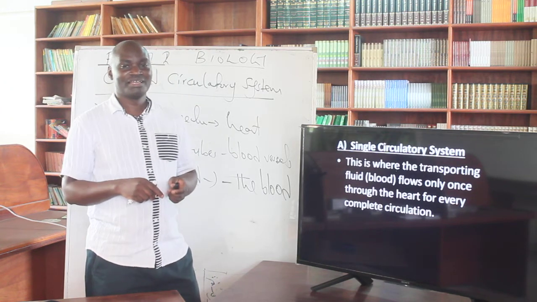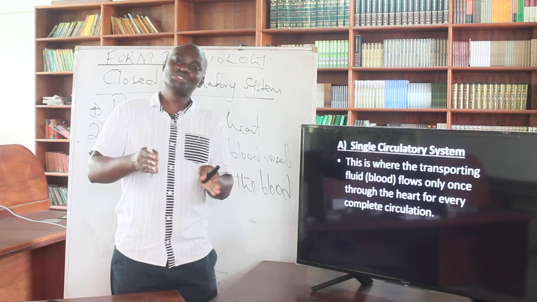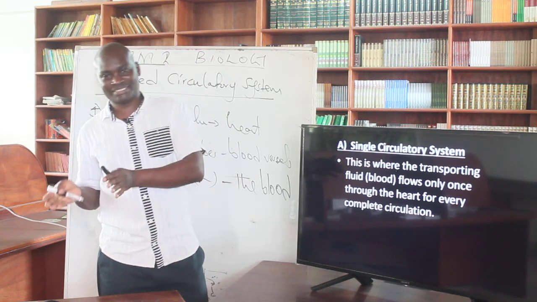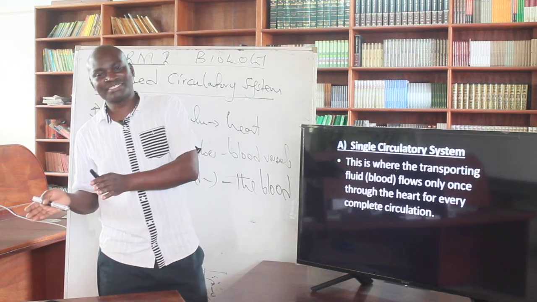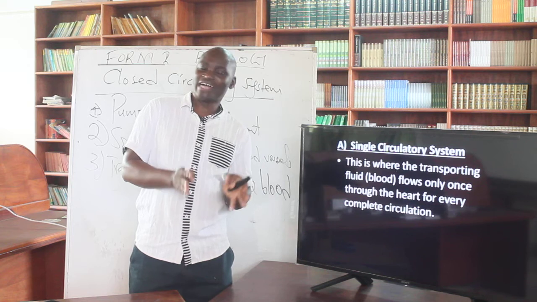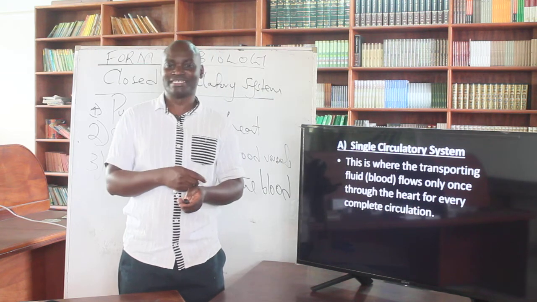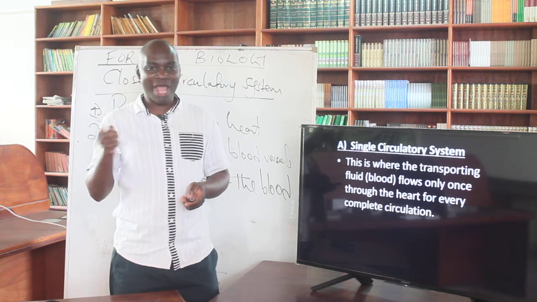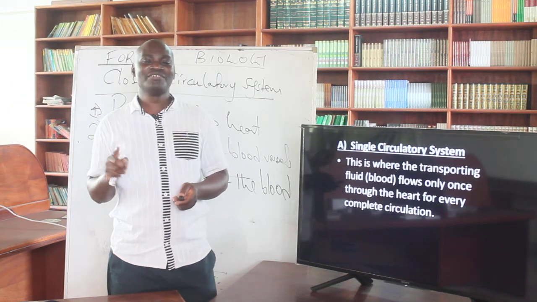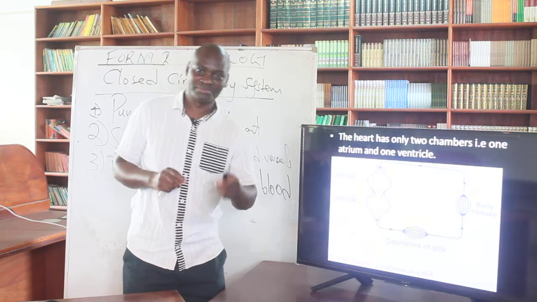Meaning, from the heart, the blood flows to the body parts. From the body parts, it flows to maybe the lungs, where it picks up oxygen, and then it will flow back to the heart.